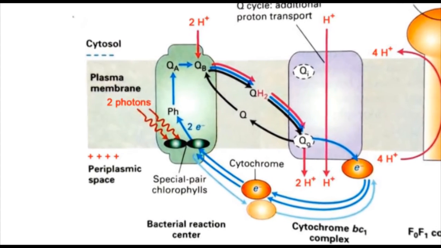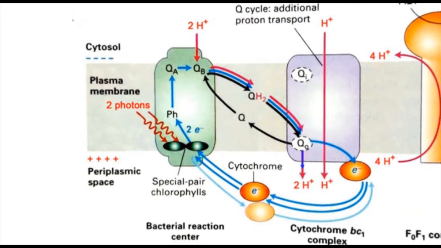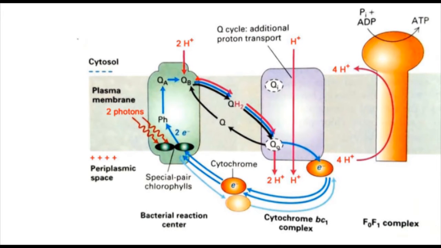There, it releases its two protons into the periplasmic space, that is the space between the plasma membrane and the bacterial cell wall. This process moves protons from the cytosol to the outside of the cell, thereby generating a proton motive force across the plasma membrane.